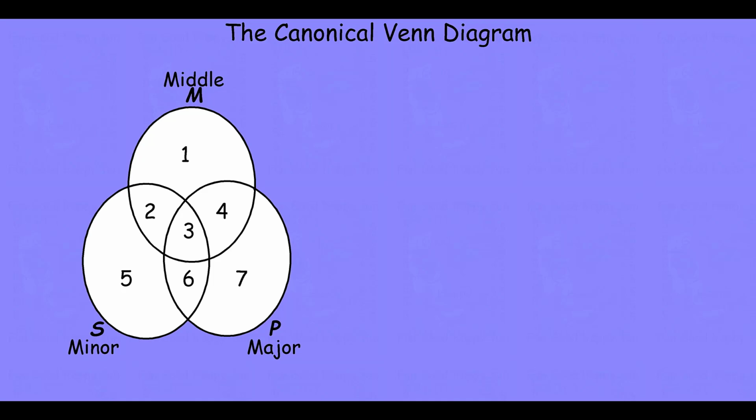Area 7 is the major term only. Incidentally, it's this graphical nature of our proof procedure, this requirement that our circles in our Venn diagram intersect in every possible way with one another, that puts a limit on our ability to use Venn diagrams for more complicated arguments within categorical logic.